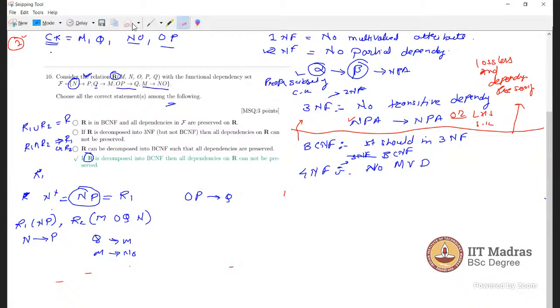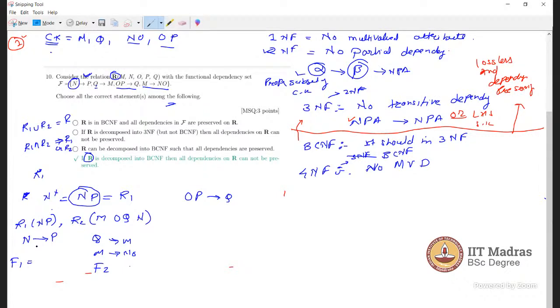Sir, we first find the closure of the given functional dependencies, that is, we will find the canonical cover of that dependency, and then we will check whether the decomposed relations satisfy all the dependencies given in the canonical cover. If not, then we will say that it is not dependency preserving.